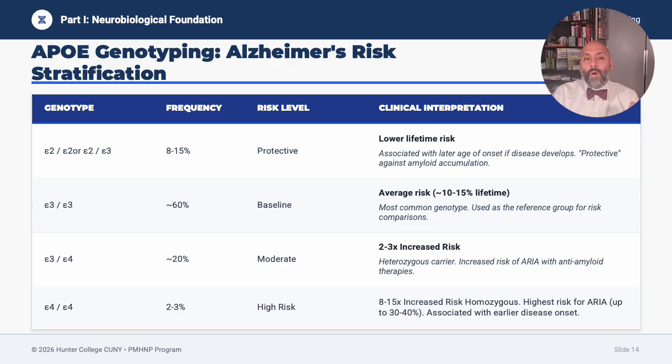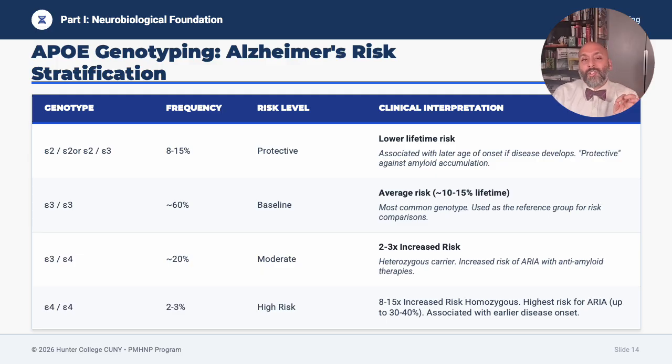E3, E4 is moderate risk increase. Now, people with one copy of E4 have a 2 to 3 times higher risk compared to average risk E3, and many people with this genotype will never develop Alzheimer's, but the risk is clearly higher.